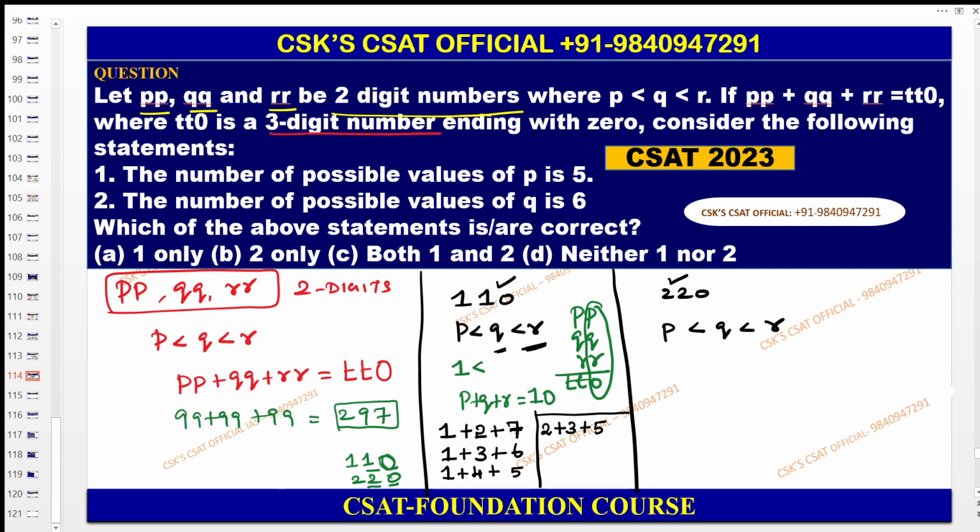Now you can check with the 3. Surely this is not possible. If you are placing 3 and 4, what will happen? 3 and 4, 7. Then surely again 3 will be there. This is not possible. Leave it. Anything is possible? No. After the 2, nothing else possible here. If you are placing a 4, then what will happen?